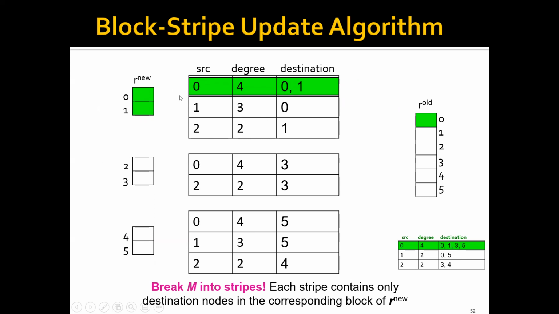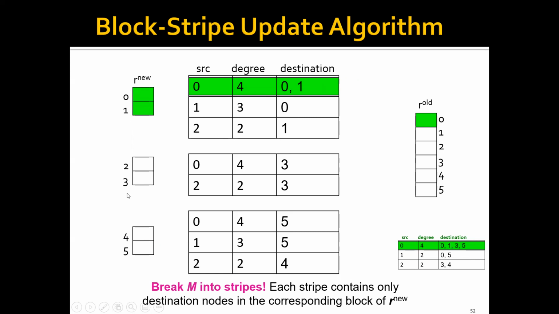And we can see that in this first stripe, the destinations are only node 0 and node 1. In the second stripe, it only has the destination node 3. And in the third stripe, the destination nodes are only node 5 and node 4. Therefore, when we update the first block of RNew, we only need to scan this stripe of the matrix M, and then we can finish updating this block.